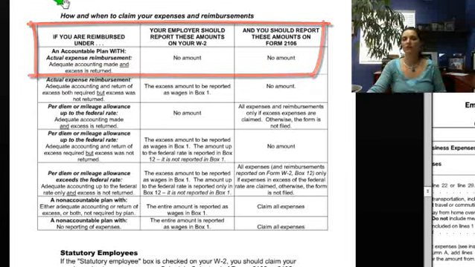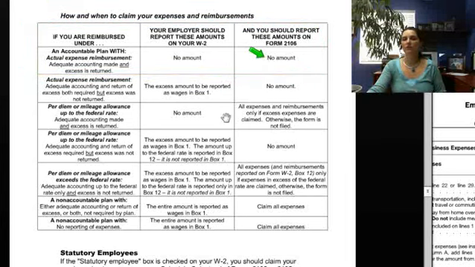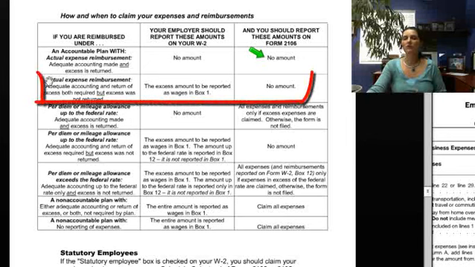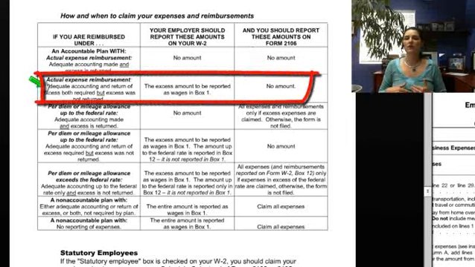But if you have a situation where your employer is giving you money to pay your expenses and you're required to return any amount you don't use to pay expenses, but you don't return that amount, then the amount you should have returned and did not has to be included in your W-2 as wages. And you would not file Form 2106 in that situation.